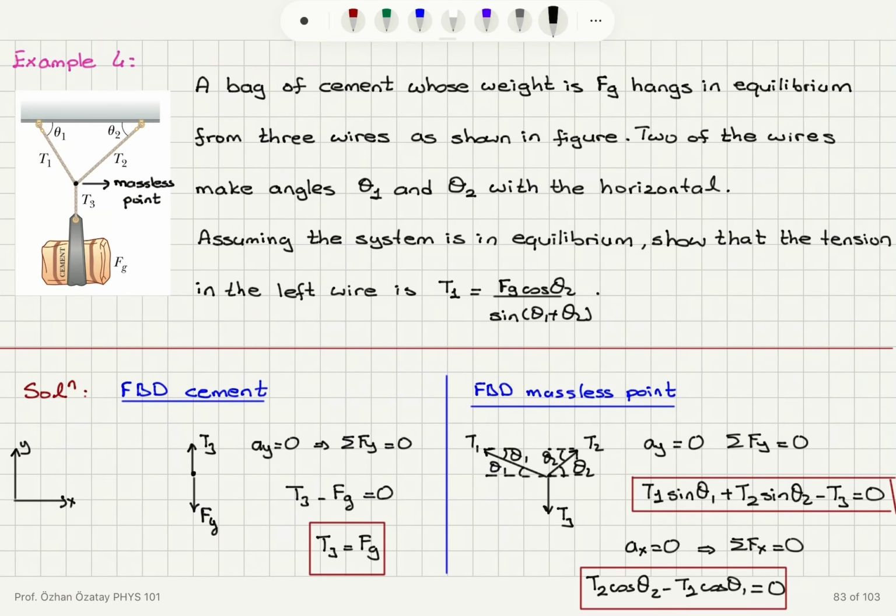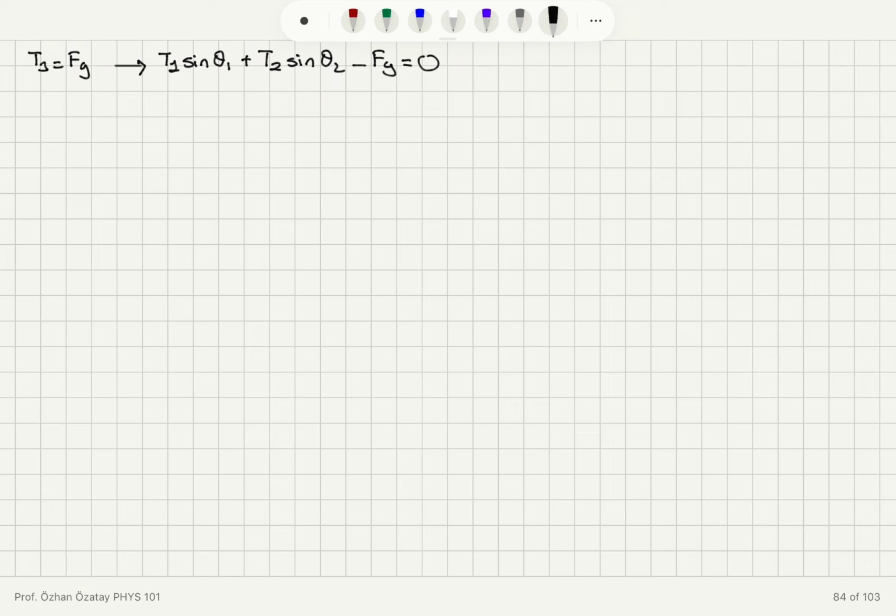On the other hand, from this equation, T2 cosine theta 2 equals T1 cosine theta 1, and therefore where we see T2, we can substitute T1 cosine theta 1 divided by cosine theta 2.